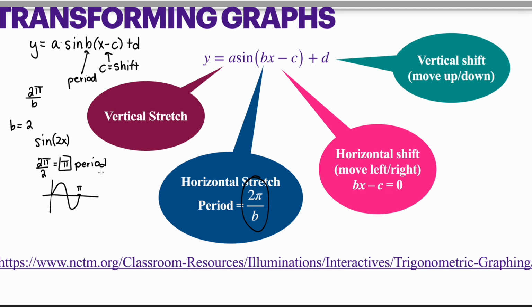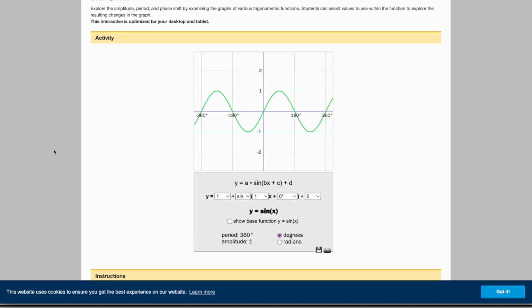Again, the unit circle is 2 pi, which means sine goes up, down, and back up every 2 pi. But when you change the period, if there's a number in front, a full cycle is going to happen at a different interval. We're going to be graphing in radians.